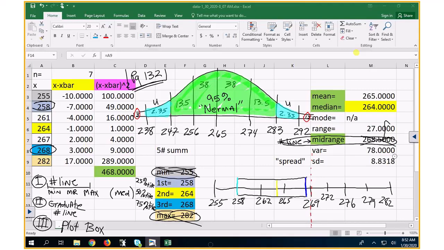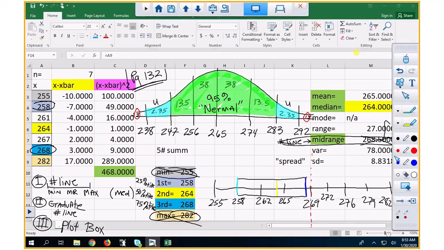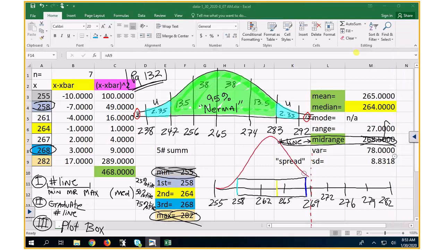So it looks like to me, if I was to draw a curve here, most of the data is on what side? The left side. So on the left side, that means it's skewed what? Right. So the data is skewed right.